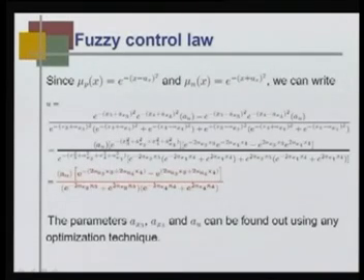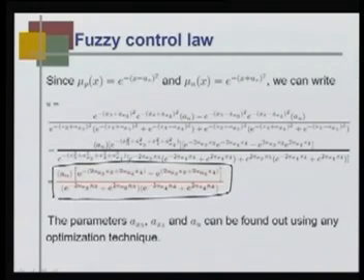But if you look at this control action, what are the parameters that you do not know? One is a u, another is a x 3, another is a x 4. Okay. All other things, x 3, x 4, these are quantities that you are getting feedback from the system.